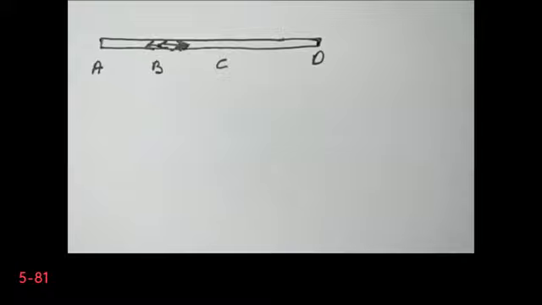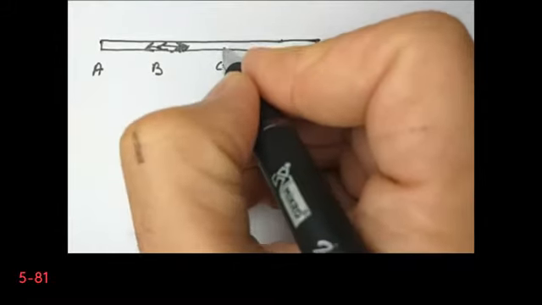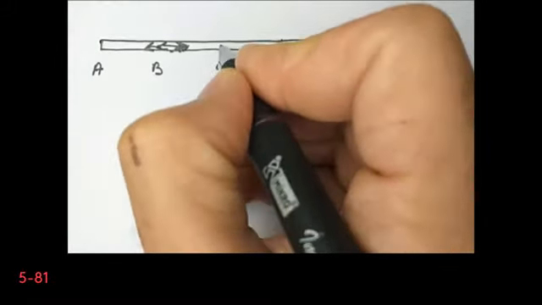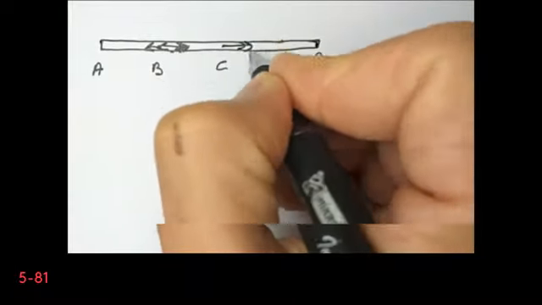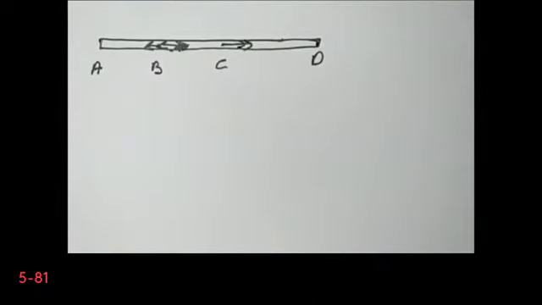So according to the right hand rule, we use the right hand rule, and at point C it is towards the B according to the right hand rule.